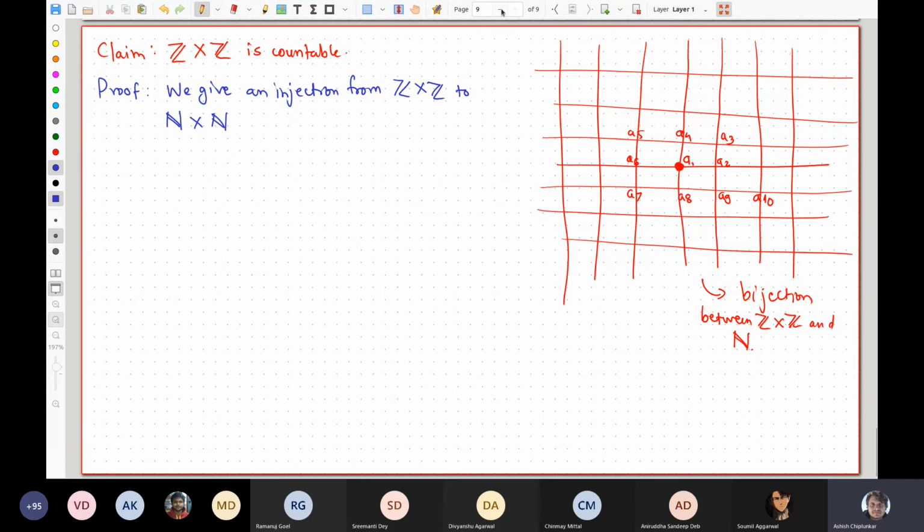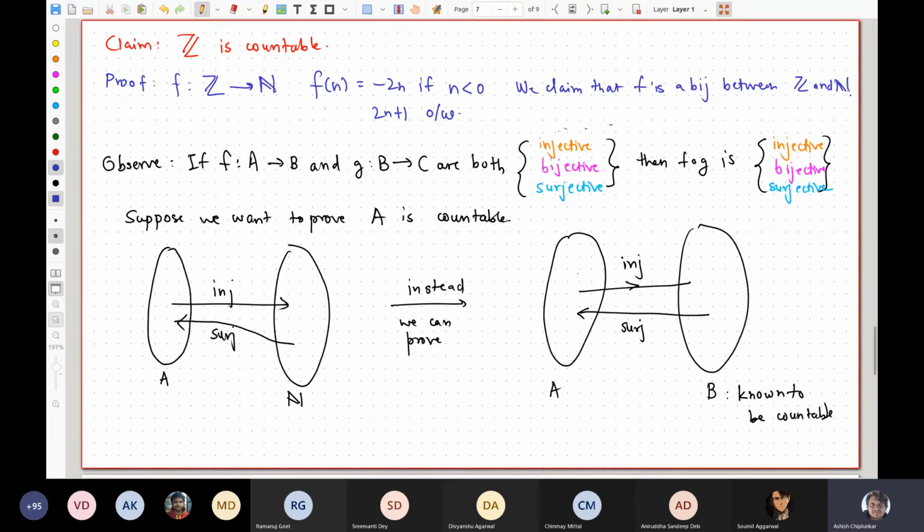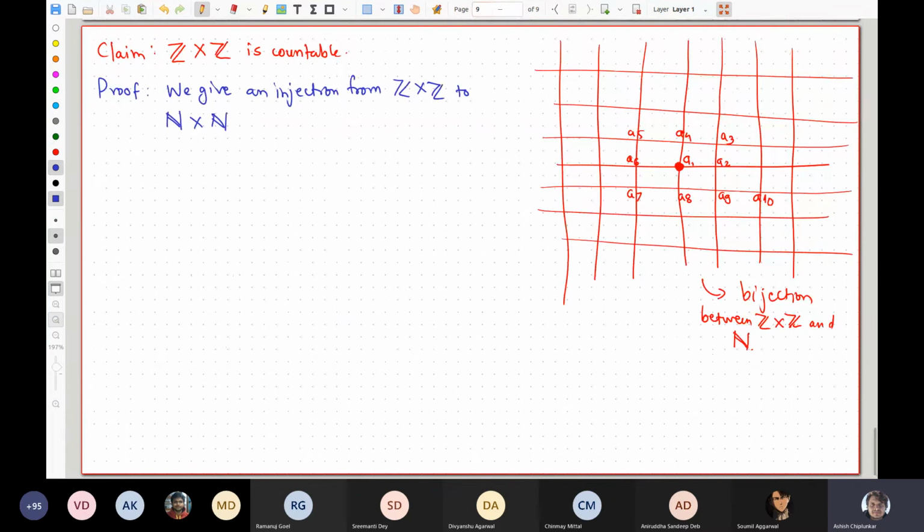Right, so remember this diagram. As soon as you give an injection from a given set A to another set which is known to be countable, you actually prove that A is countable. We already know that N cross N is countable, so it's enough to give such an injection. So how do we give such an injection? We know that Z is countable, right?